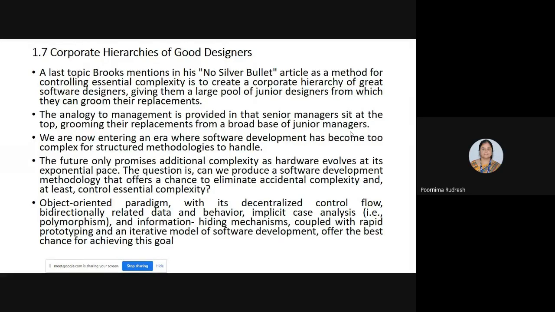Next you have studied about accidental versus essential complexity. After that you have studied about the waterfall model, iterative model, and today you have studied about same versus different language prototyping, software usability, and the last topic, corporate hierarchies of good designers. So this completes the first chapter. In the next class, I'm going to start the second chapter.